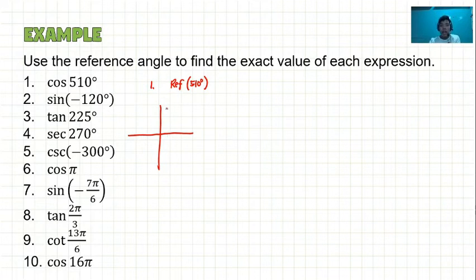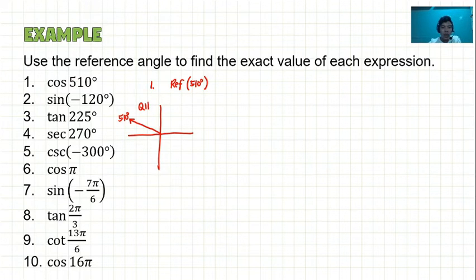So 360 plus 90, that is 450, right? So 450 plus 60, so that is 510. So 510 is somewhere here, right? So this is now 510 degrees. There. So therefore, 510 degrees is at quadrant 2.